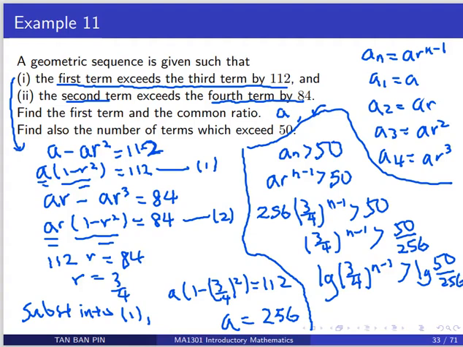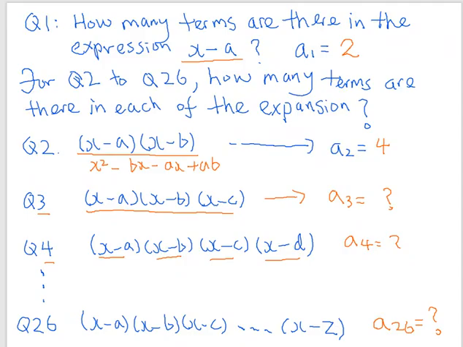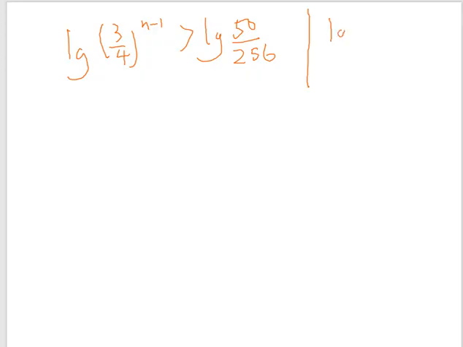Okay. So we have log of (3/4) power n minus 1 more than log of 50 over 256. And then you can bring down the power. Remember, log x power n is n log x.